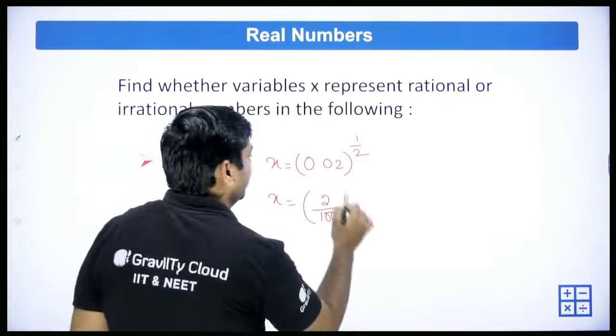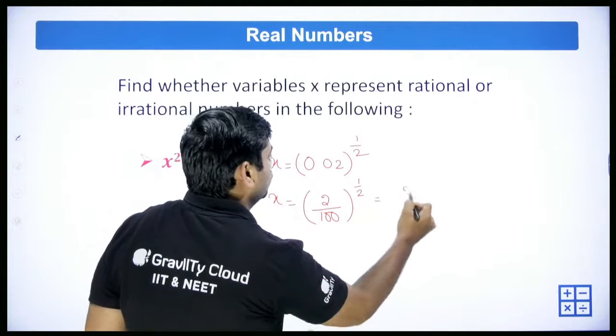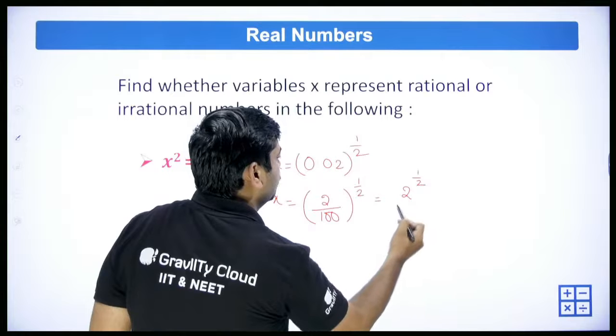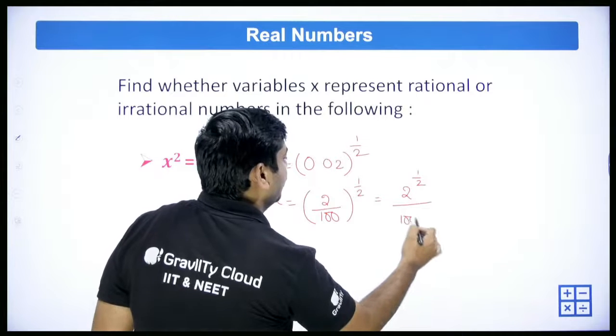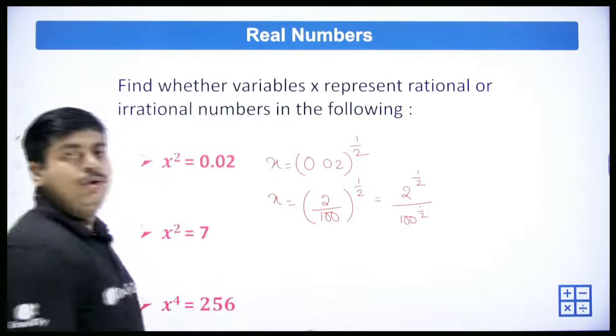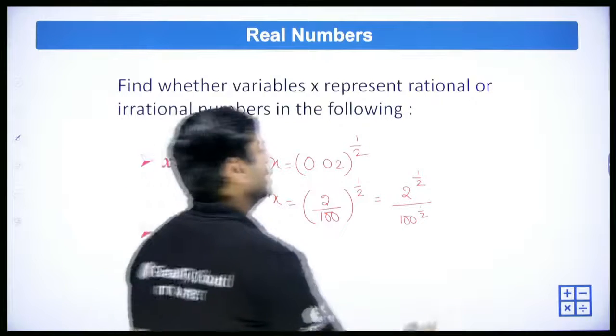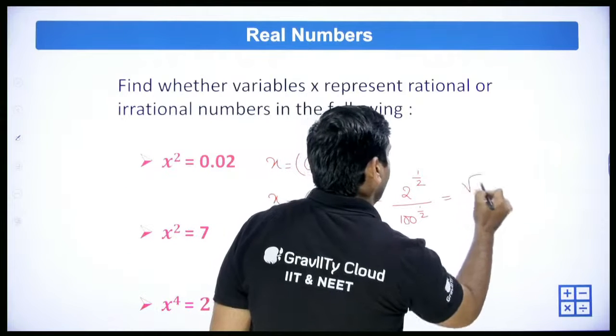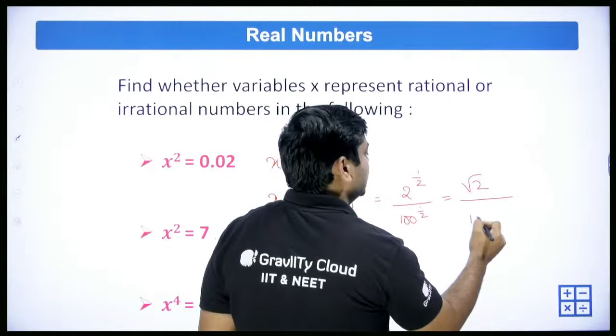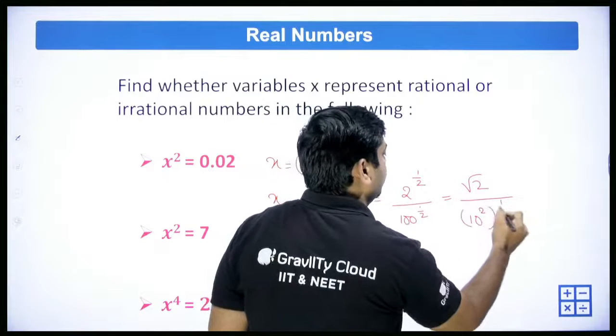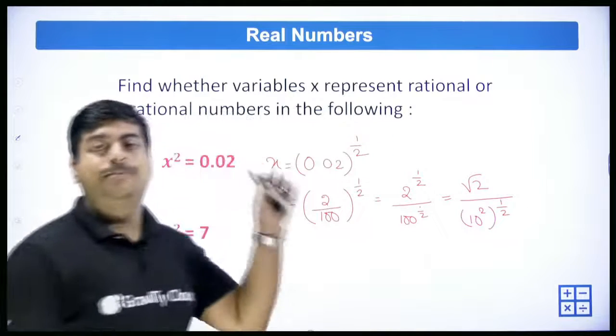So 2 by 100 power 1 by 2. That is 2 power 1 by 2 by 100 power 1 by 2. 2 power 1 by 2 is root 2, right? By 100, 100 is actually 10 square, 10 square whole power 1 by 2. We discussed exponents, right?